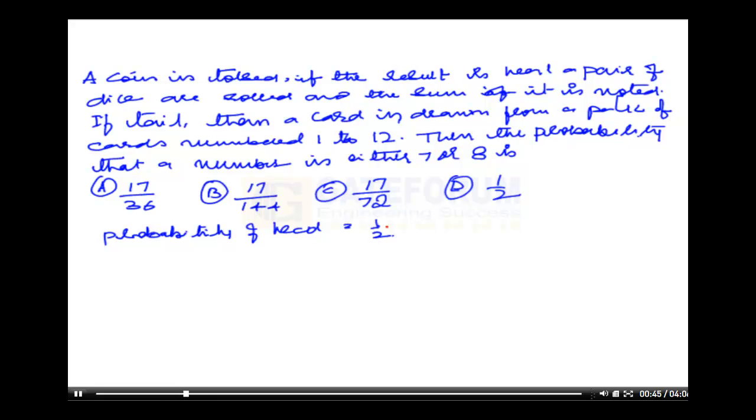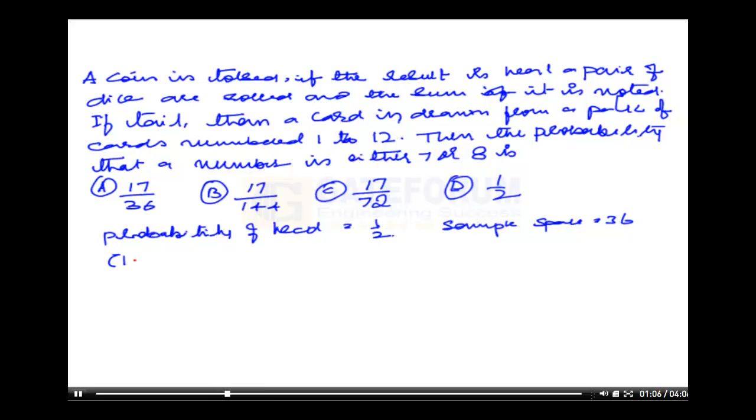So then dice are rolled. When 2 dice are rolled, the sample space is 36. Out of all possible 36 outcomes, the sum should be either 7 or 8.